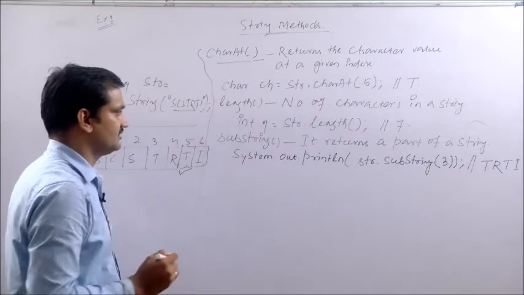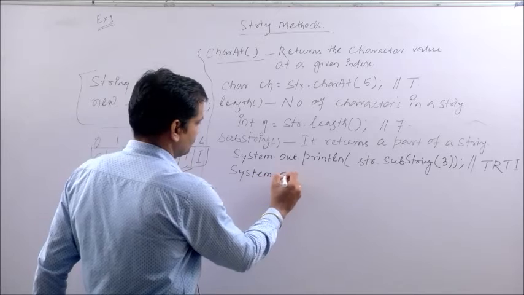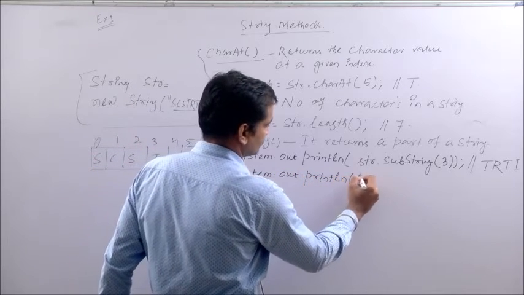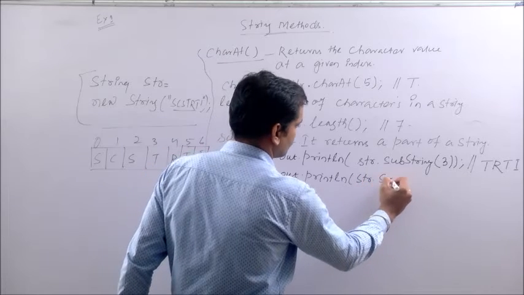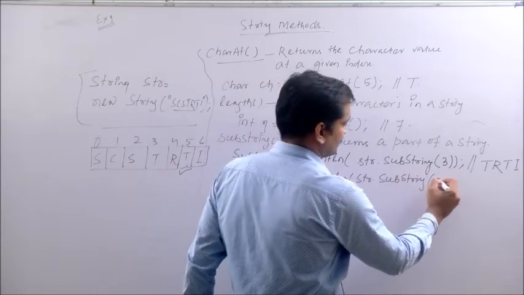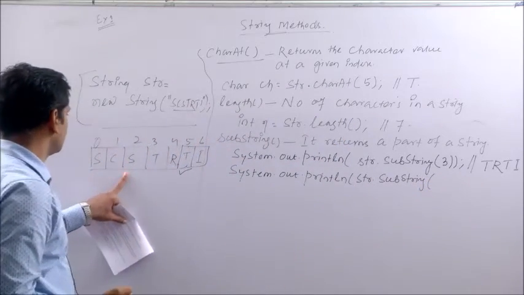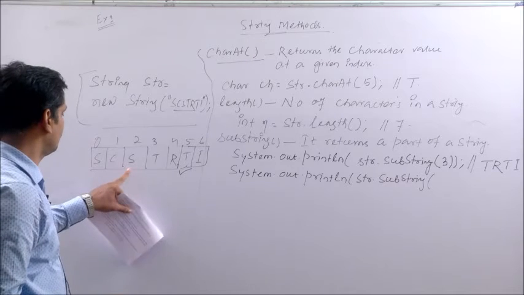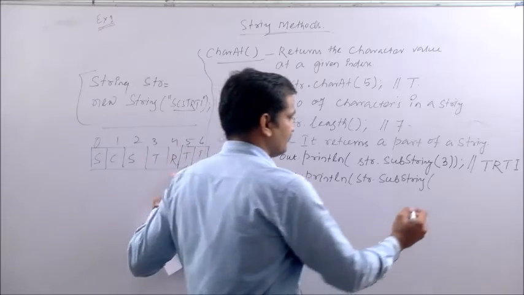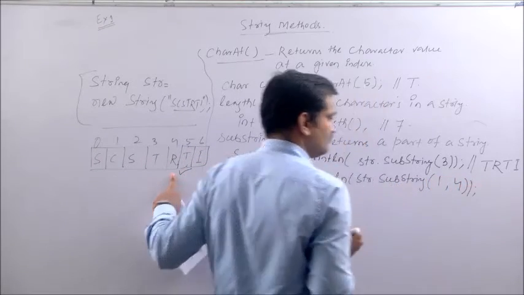There is another way the substring can be used, that is, it may take two arguments. If suppose I want the part of the string starting from index 1 till index 4, it may be used like this.